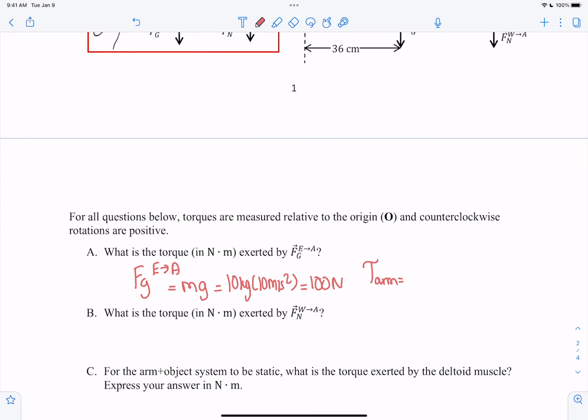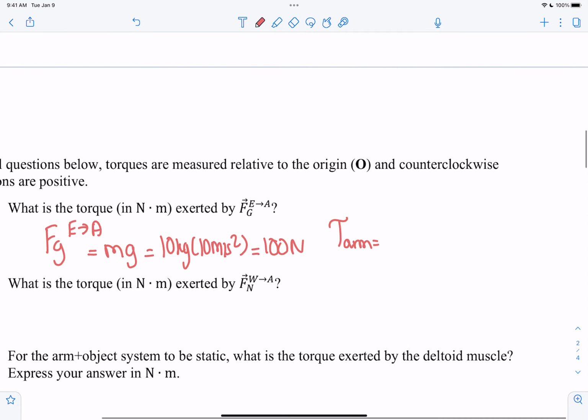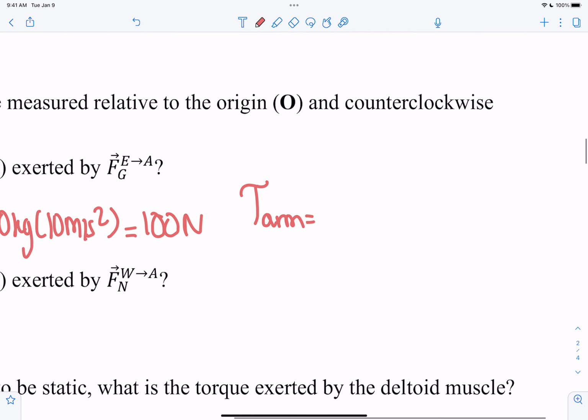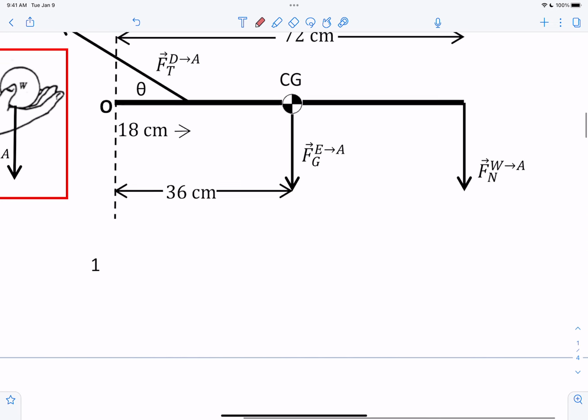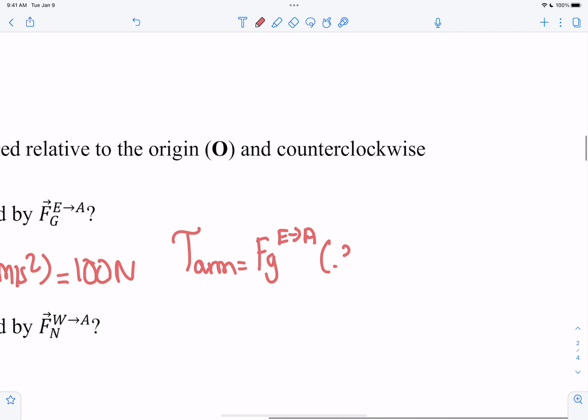So back to the torque of the arm. If they want us to calculate the torque of the arm, we have the force of gravity due to the arm, that's FGEA. And it exerts that force a certain distance away along the radial line. That's 36 centimeters, that's 0.36 meters.